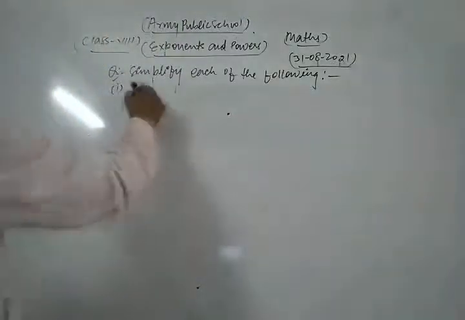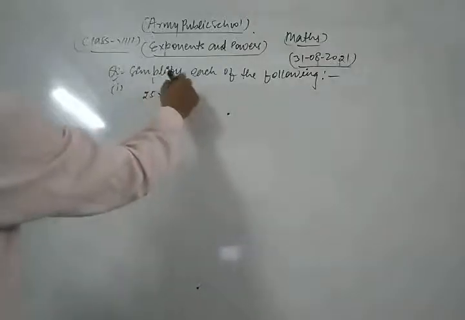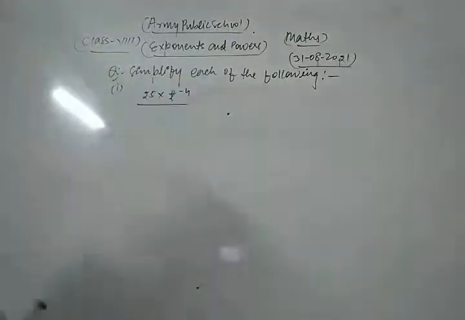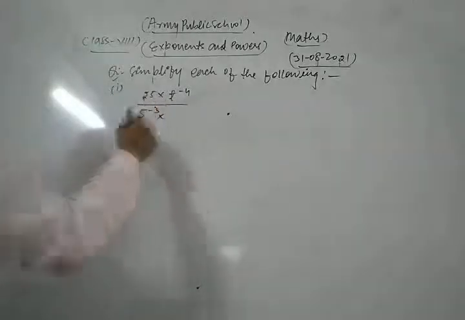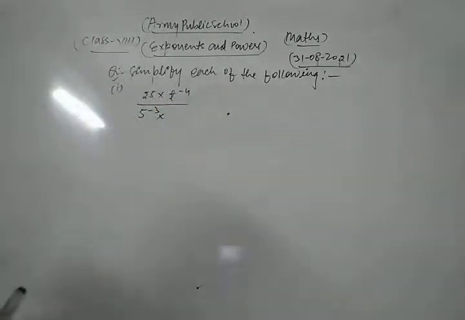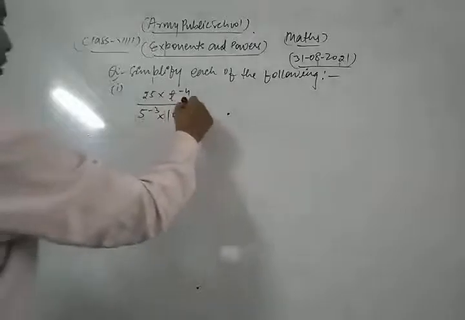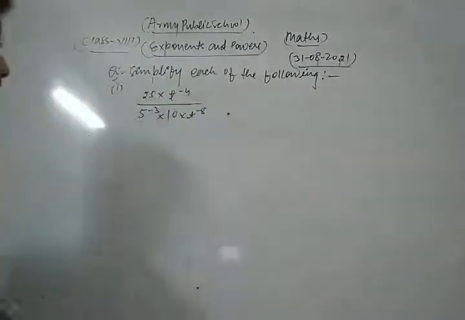So the first part of this question is 25 into p to the power minus 4 upon 5 to the power minus 3 multiplied by 10 into p to the power minus 8.